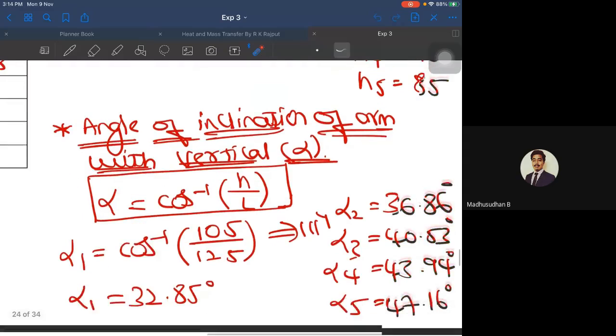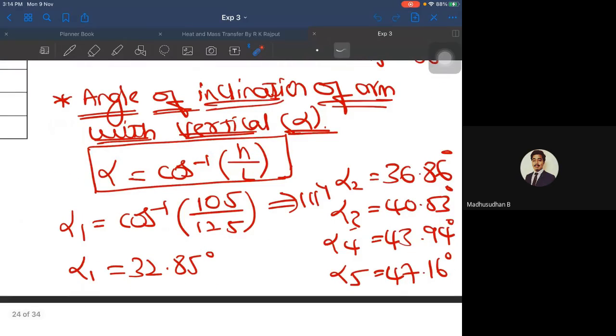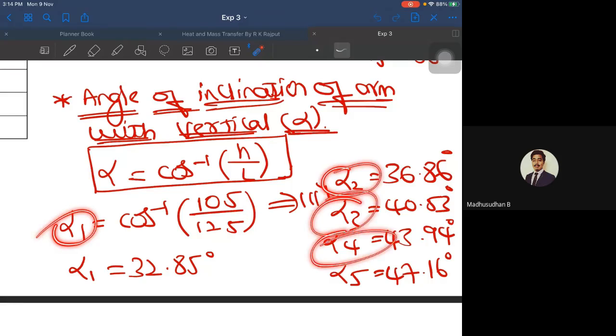Next, you have to calculate the angle of inclination of the arm, alpha, which is the cos inverse of H by L. In the previous step, you have calculated H1 to H5. L is the length of the link, that is 125, which will be given in the form of observation. When you substitute H1 to H5, you'll get alpha 1 to alpha 5.